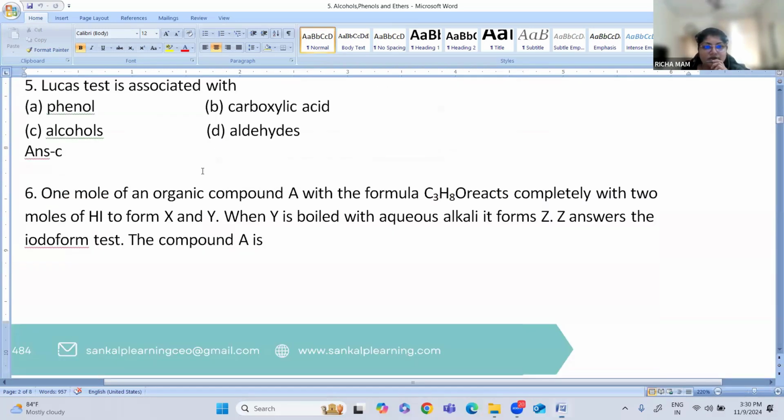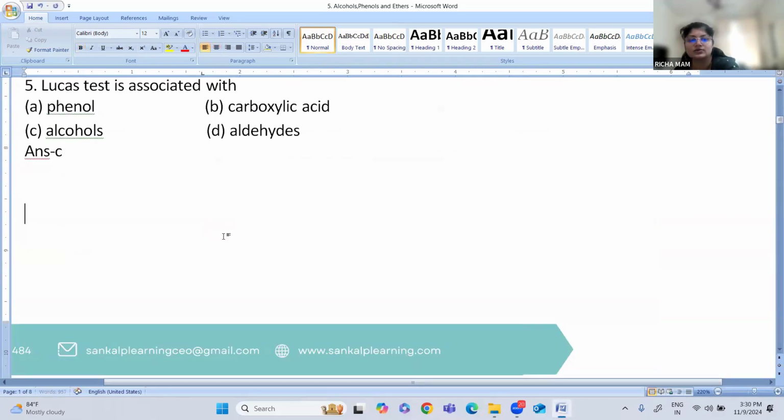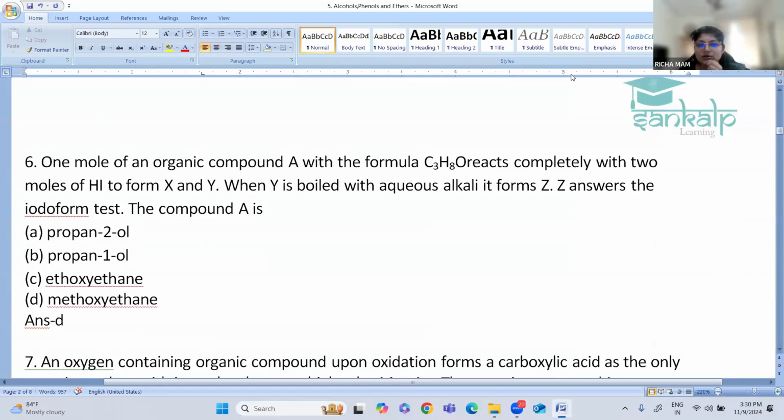Here is a question. 1 mole of an organic compound A with the formula C3H8O reacts with 2 moles of HI to form X and Y. When Y is boiled with aqueous alkali, it forms Z. Z answers the iodoform test.